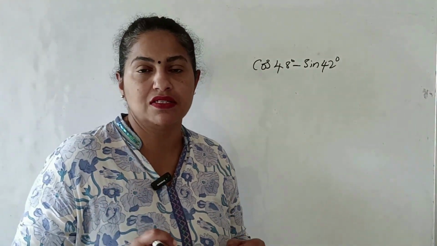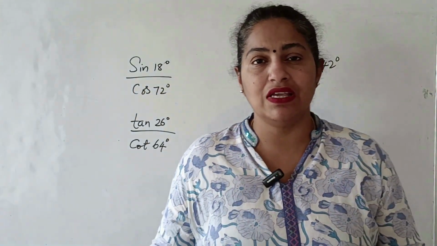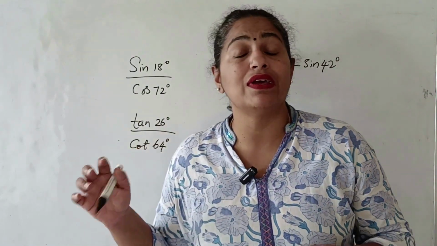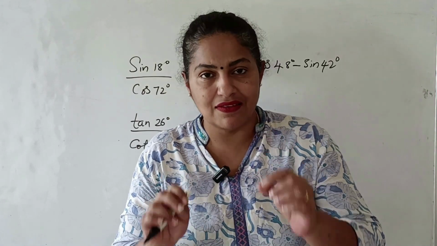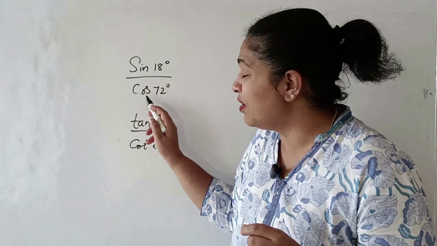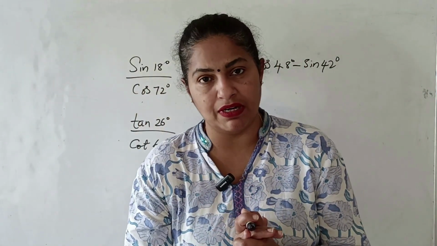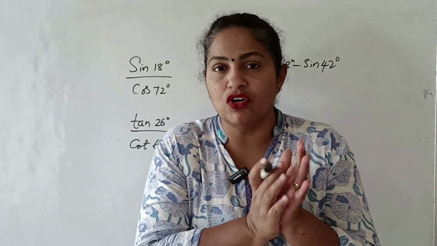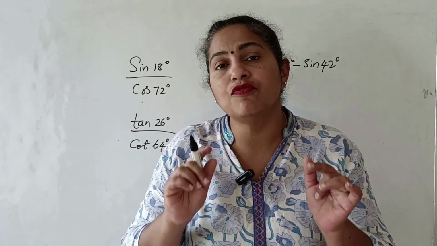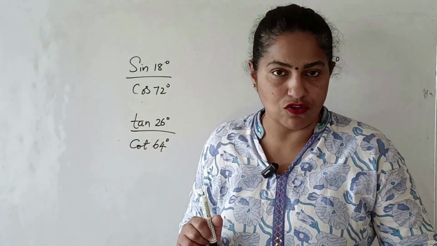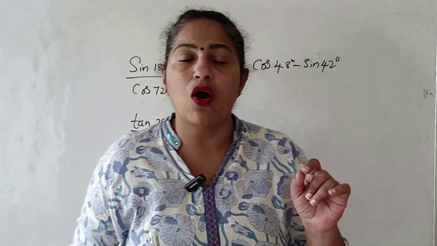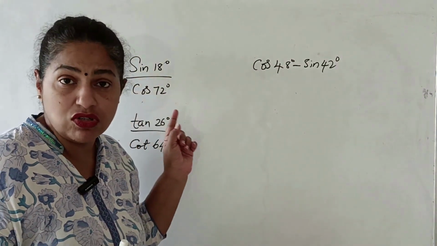Now you need to understand that whenever you are having sums in which you think you can apply the concept of complementary angles, the first thing is that you should not convert both the angles into its complementary angles. Apply to one of them and see what you are getting before you decide to apply the complementary angle concept to the second one also. So now let us see how we can simplify sin 18 by cos 72.